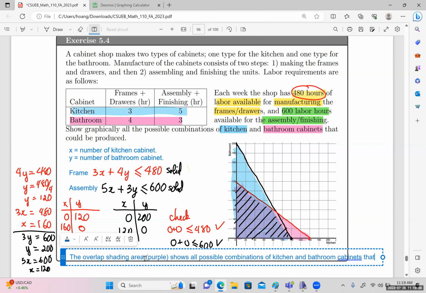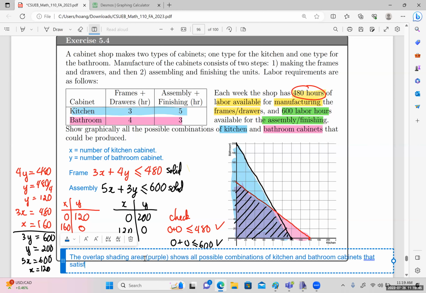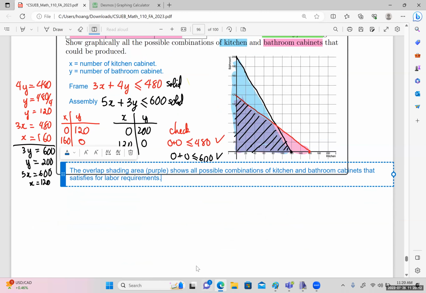That could be good for you. That's satisfied for the labor requirement. Okay. So that's gonna be it.